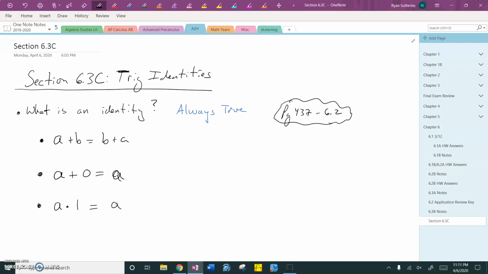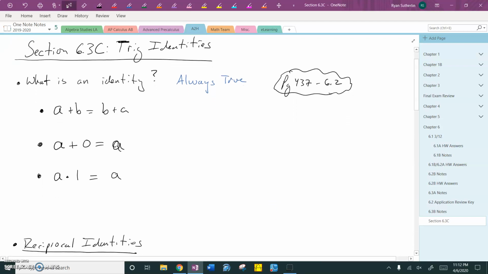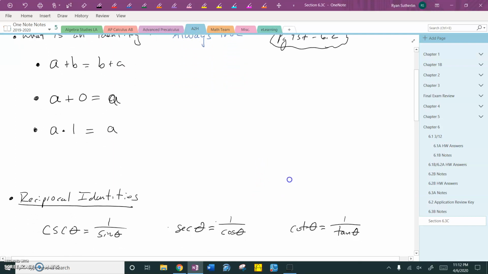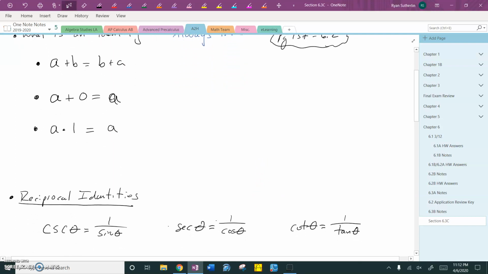And so when we talk about the trig identities, there are 3 types we're going to talk about this year. The first are the reciprocal identities. We've learned these as we've been developing our right triangle trig ratios: cosecant is the reciprocal of sine, so 1 over sine.